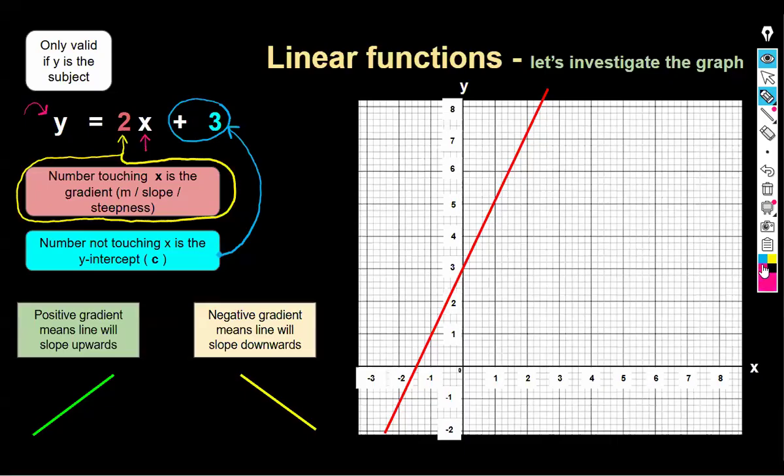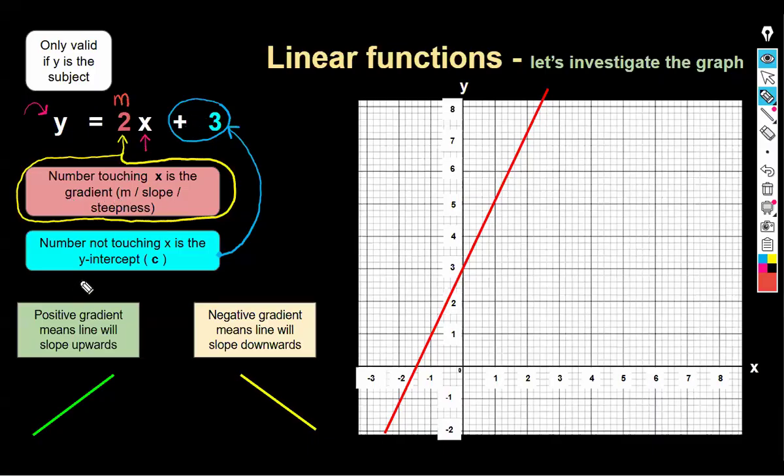The letter used to denote gradient, you might think is the letter G, because if I had to choose a letter to represent the word gradient, you would choose G, but some genius decided to use the letter M. I don't know what people were thinking. The letter M is used to represent the word gradient.